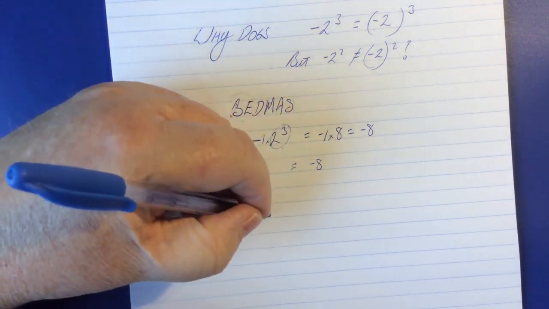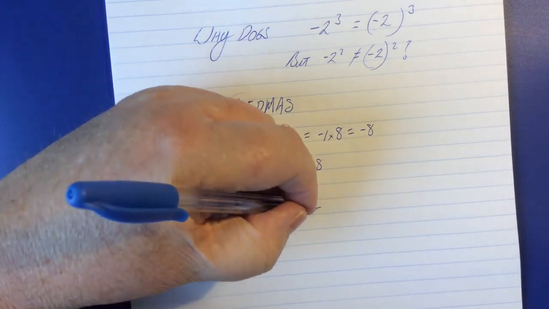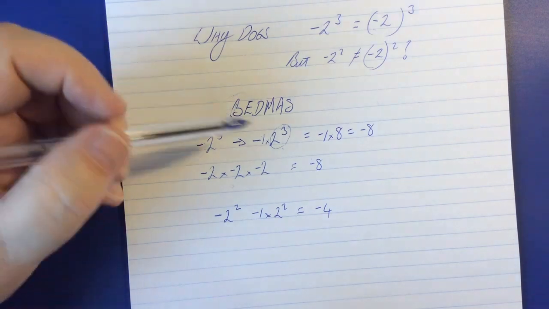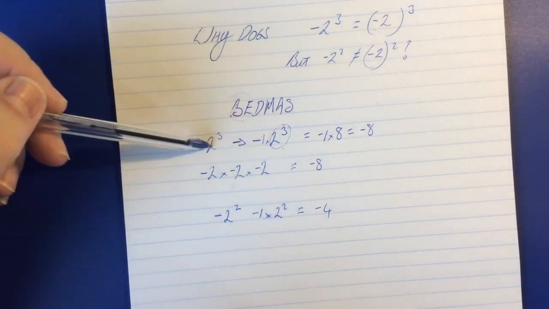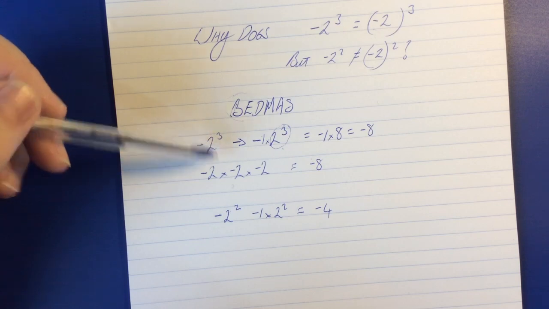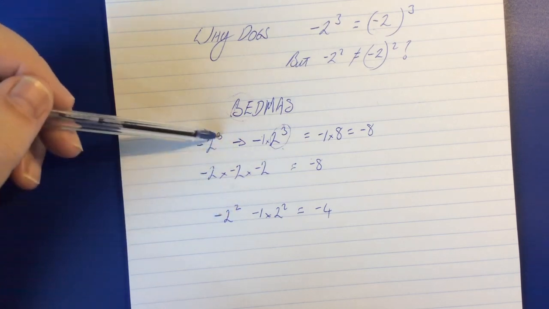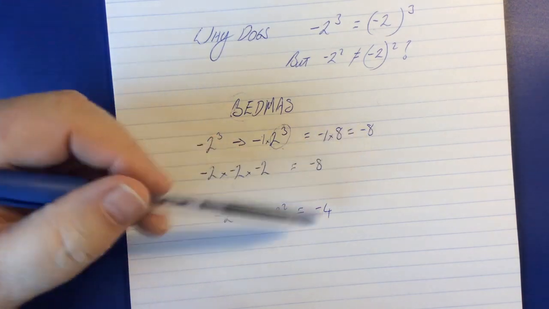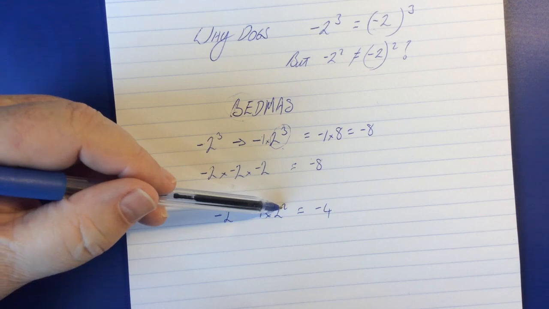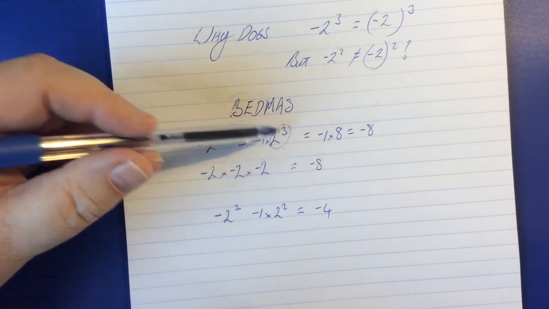It is -1 times 2 to the power of 2, which gives us -4. So this is following this rule. We do this first and then we deal with the negative. And that gives us a negative outcome. Whether or not this is even or odd, it doesn't matter what the powers are.